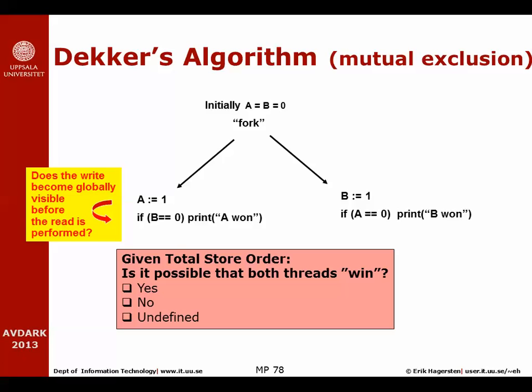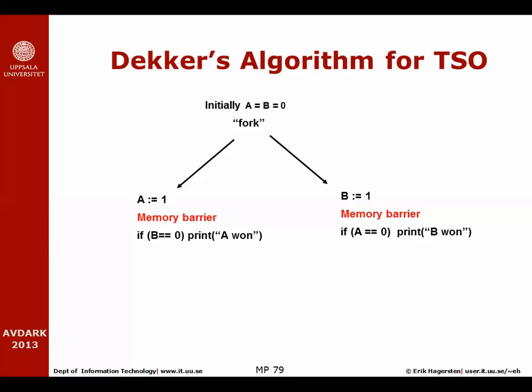So how can you fix this? Well, you can actually make Dekker's algorithm work, but you have to ask the programmer to do some of the heavy lifting. What you have to do is to ask the programmer to tell exactly when order matters. More specifically, if we want a store to become globally ordered before we perform a new load operation, we have to tell the hardware that this is what we want.